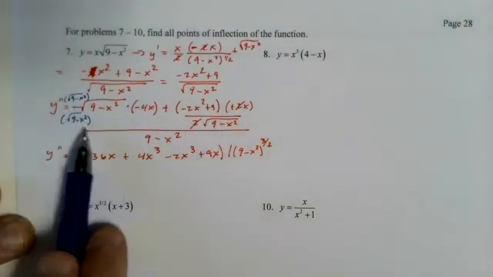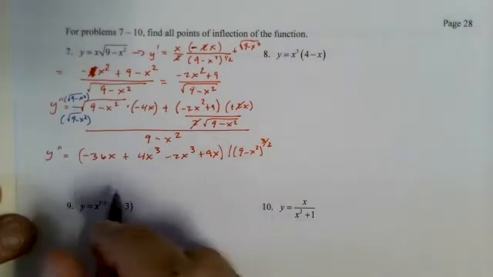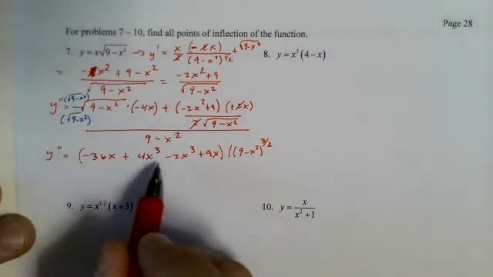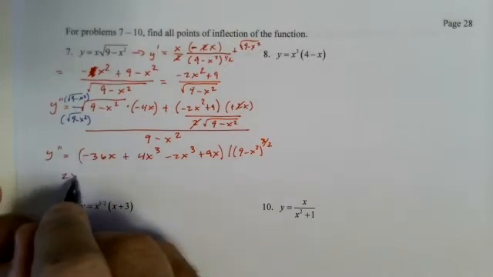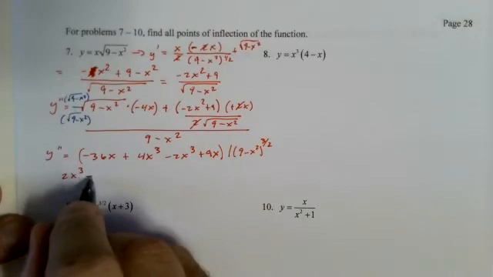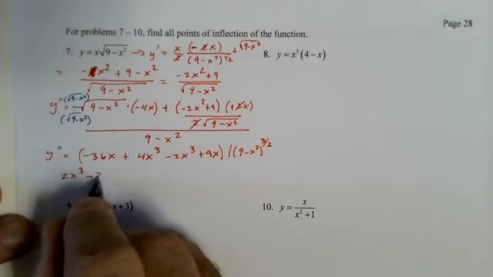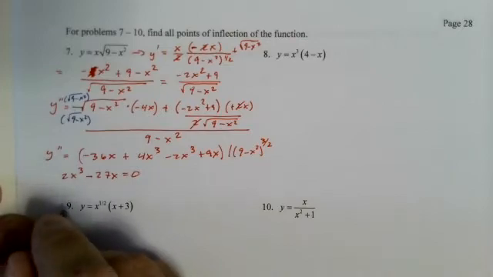Brought all of this down, made it 9 minus x squared to the 3/2. I only care about the top. So let's put this together. 2x to the third minus 27x equals 0.